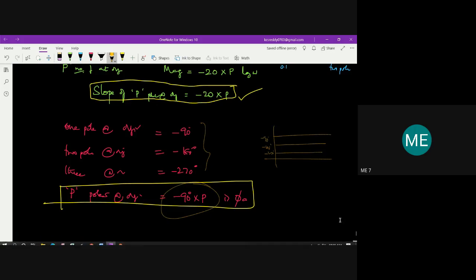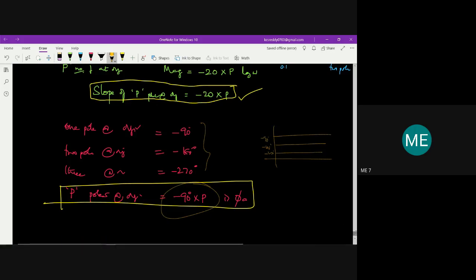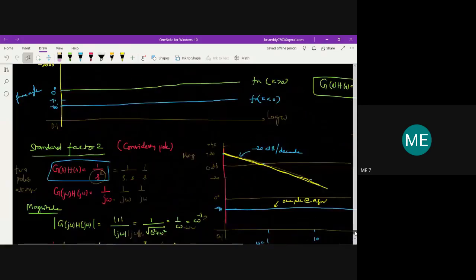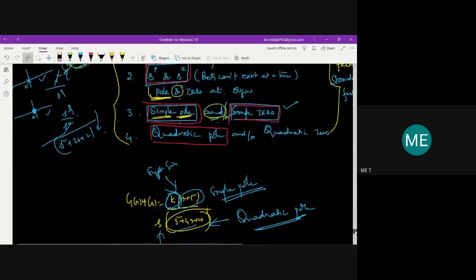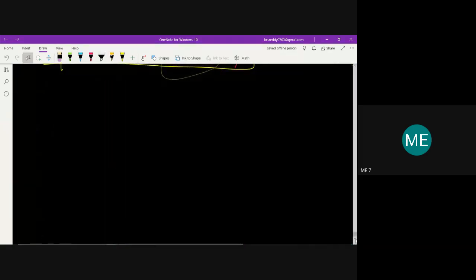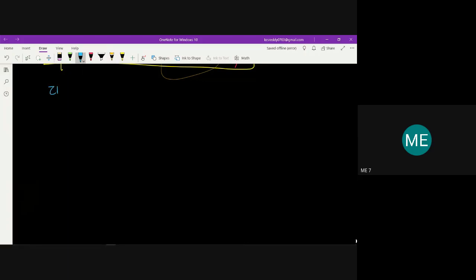Now we'll go to the next, that is zeros at origin, because poles at origin we have discussed. I'm still in the factor 2, that is zeros at origin, which means g of s into h of s will be like this, s.